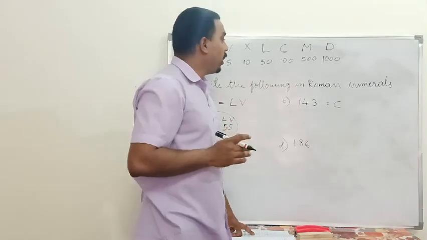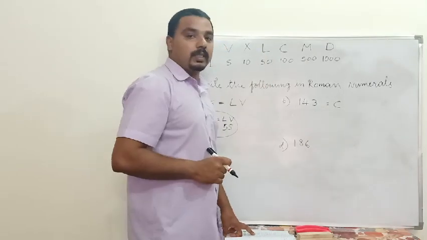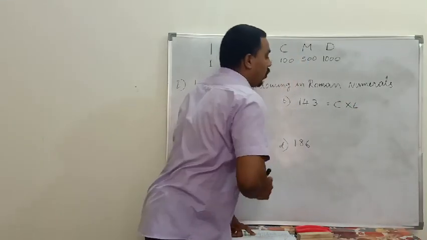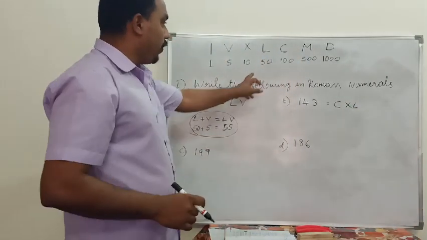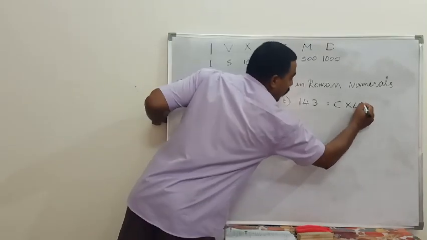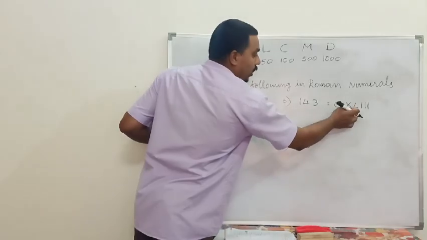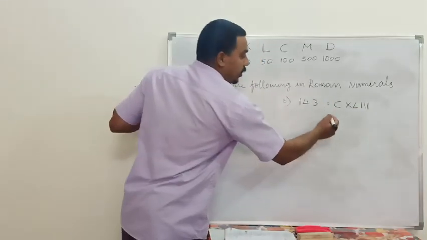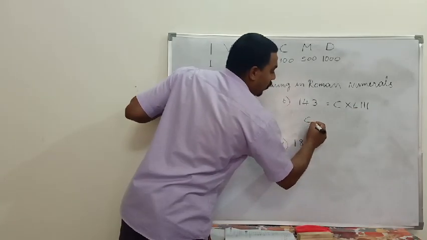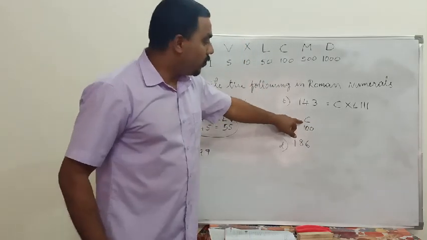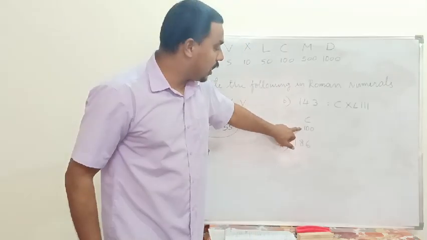How to make 40? 50 minus 10 is equal to 40. Then 3 we have to write: 1, 2, 3. So this is 143. Let us see. The value of C is 100.